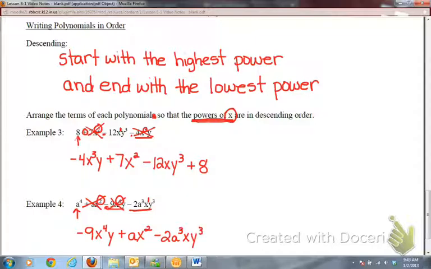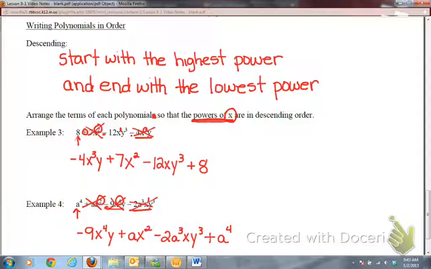You want to make sure you copy it down correctly. And then the last thing is anything that doesn't have an x, or just your lowest power of x, because there's none there. So it's an a to the fourth. Again, it's positive, so you just put plus a to the fourth. And that's it. You just rearranged it so that it's in the order that we want it in.